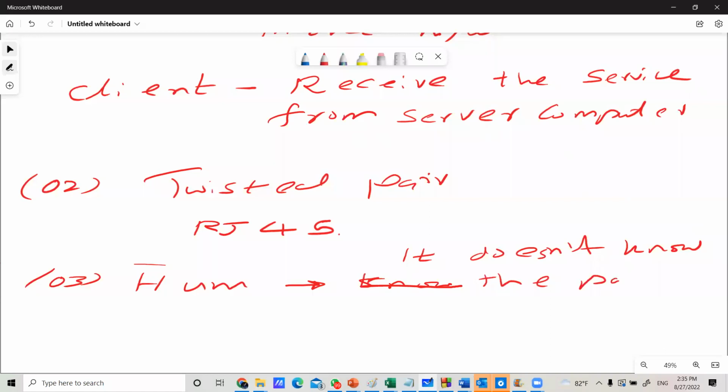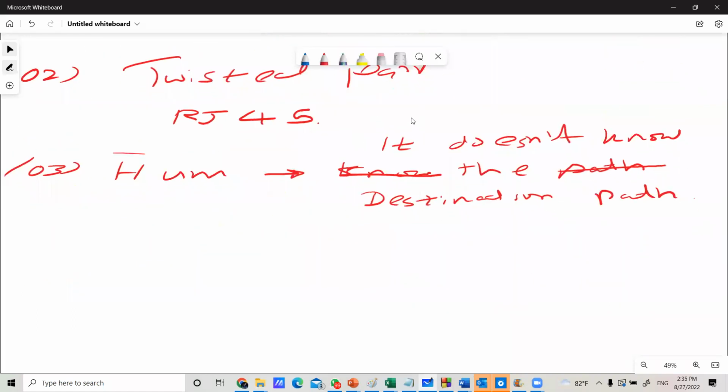It doesn't know the destination path. Right, that's about hub.